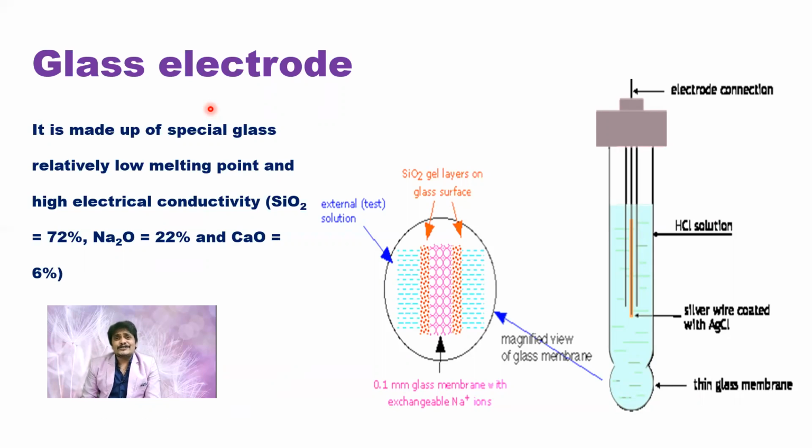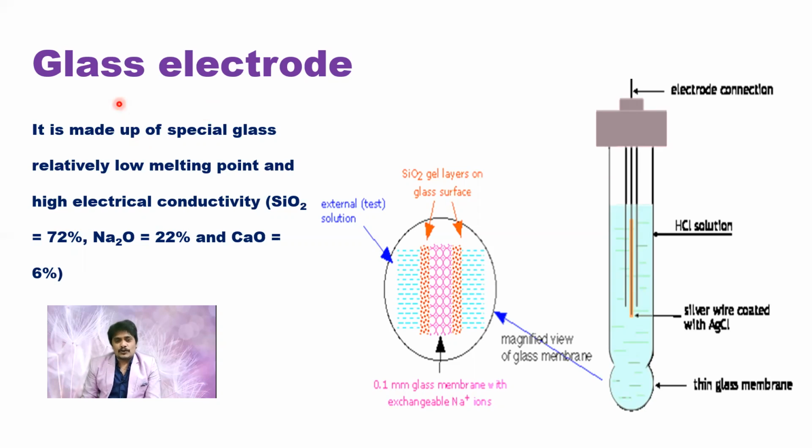Because an ion selective electrode is selective only to one particular type of ion. Now, as we are saying that the glass electrode is an ion selective electrode, definitely we have to discuss the ions to which this glass electrode is selective or specific.